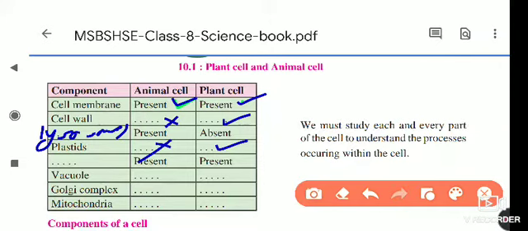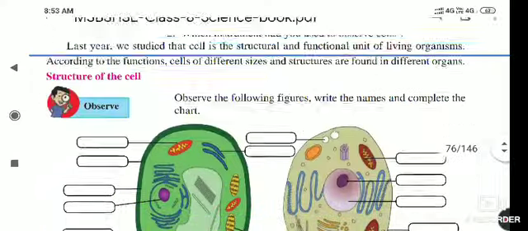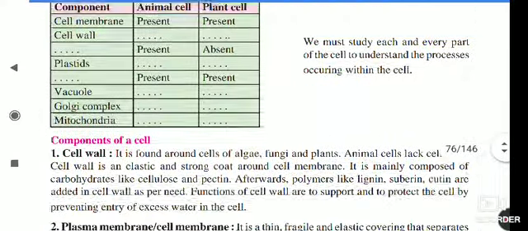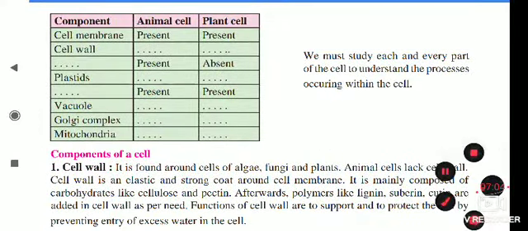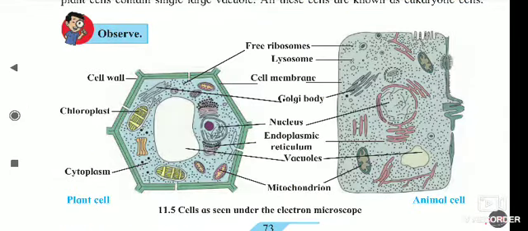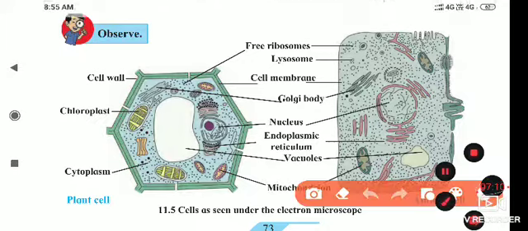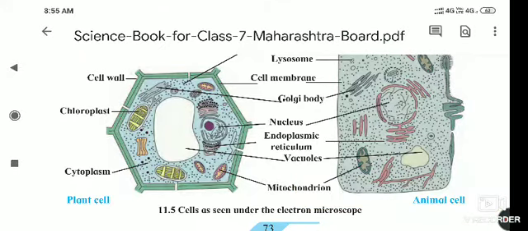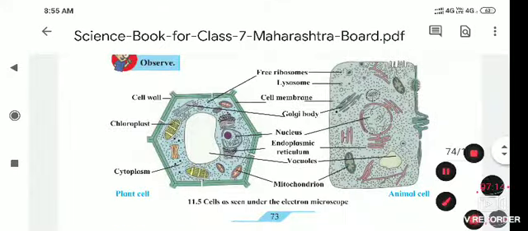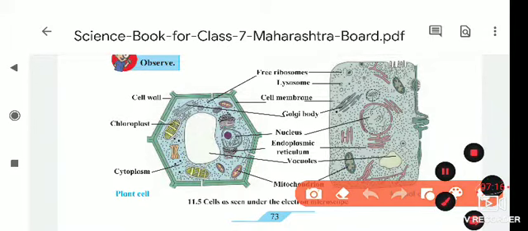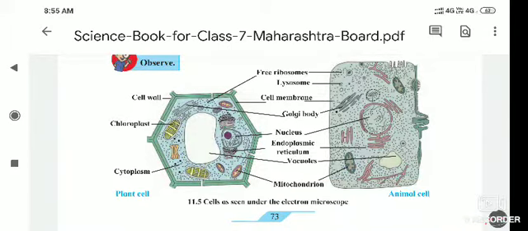Now, what is present in both the animal and the plant cell, if you see here in the figure. This is the picture from the standard 7th textbook, and here we are getting exactly that. All of you take a screenshot of these names and note down the parts of both cells.